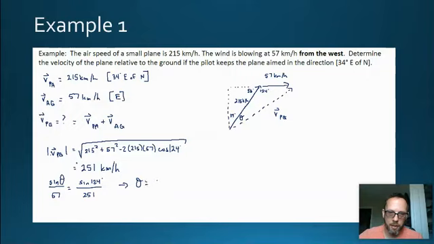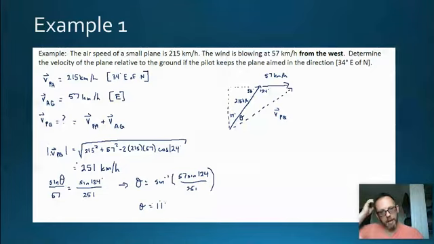So theta will be inverse sine of 57 times sine 124 divided by 251. Let's get that angle. I got about 11 degrees, we'll say.